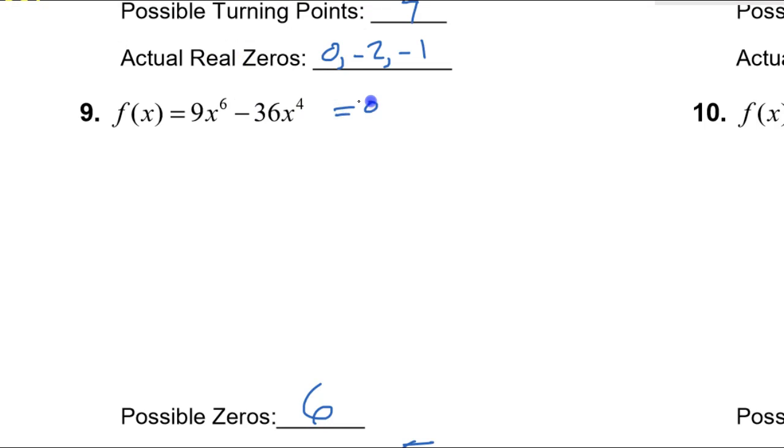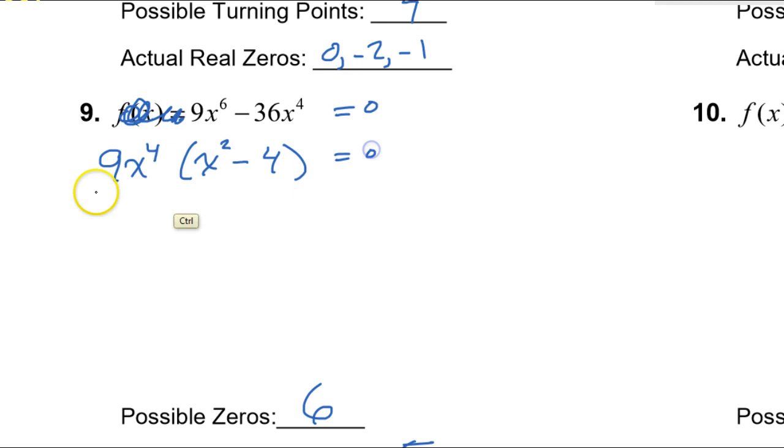If I set this equal to 0, the greatest common factor is 9x to the 4th power. So that's going to leave me with x squared minus 4. Okay, so now I need to set each of these equal to 0.